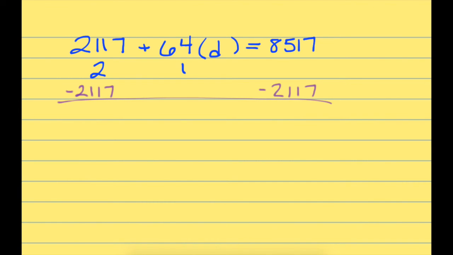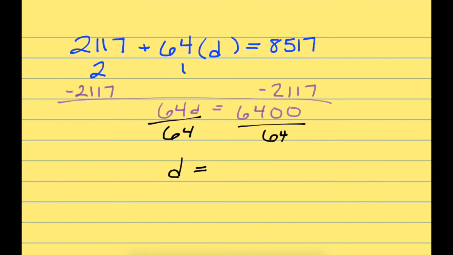That leaves me with 64d on the left equals 6,400 on the right. And I remove that multiplication of 64 by dividing by 64. So I get d equals 100 feet. That's the depth at which the pressure is 8,517 pounds per square foot.